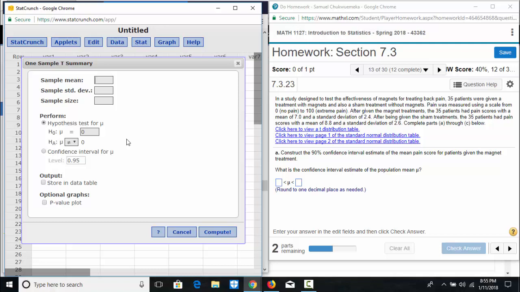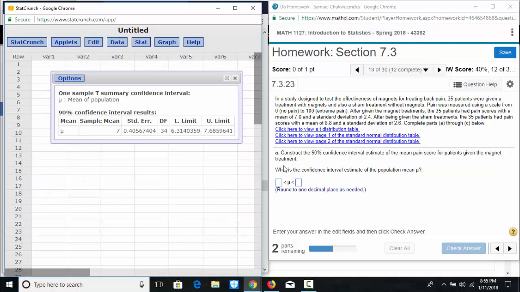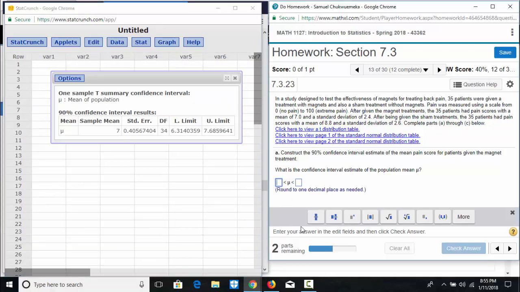So for the first one, those that were given the magnet treatment, the sample mean is 7.0. Sample standard deviation is 2.4. Sample size is 35. Check the button confidence interval, and this will be 0.90. Compute. The lower bound to 1 decimal place is 6.3, and the upper bound is 7.7.